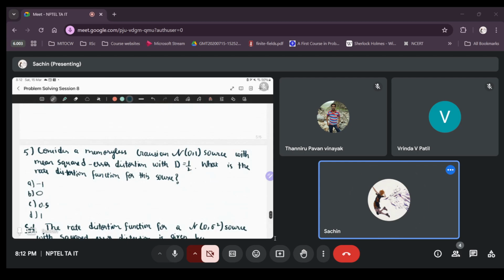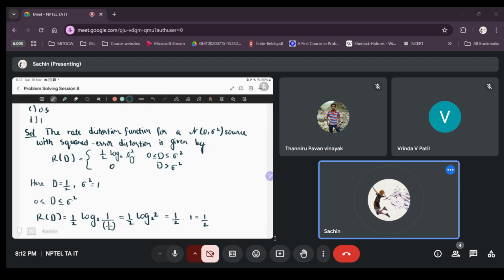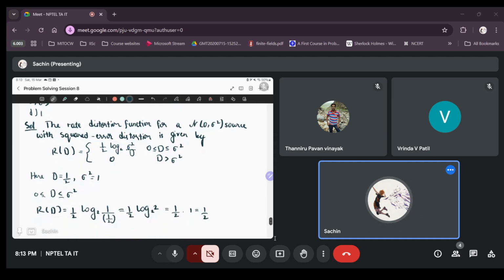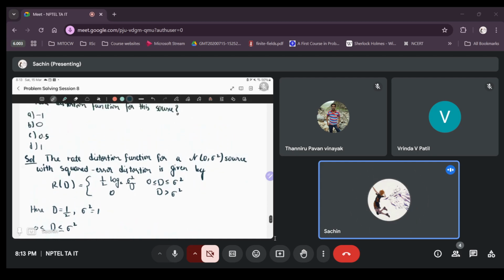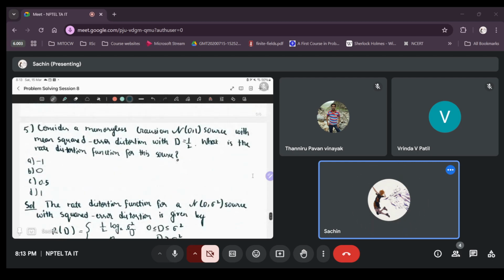So with this mean square distortion half, the minimum rate you can go to is half, bits per use, I guess. Which is option C.